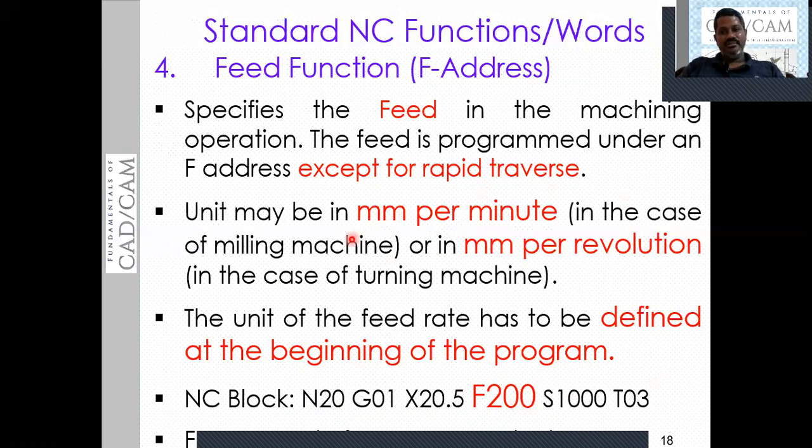In a milling machine we specify the feed unit as per minute, and in a turning machine we specify feed as per revolution. By looking at this word, we can tell on which type of machine we are working. This is the meaning of the feed, the unit of the feed, and the feed function.